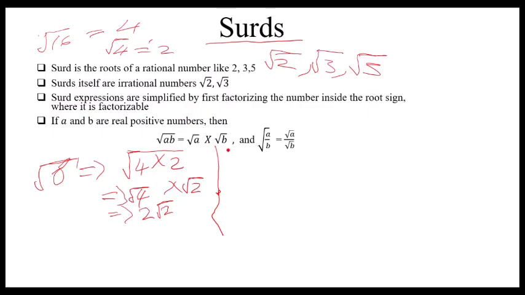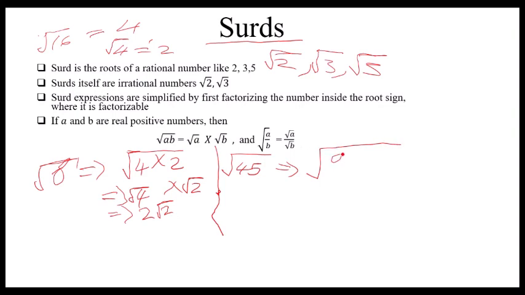Let's take one more example: square root of 45. Let's think. What are two numbers we can multiply together in which one of them will give us a real number as its root? Let's look at 9. 9 can go in 45 how many times? 5 times, right?